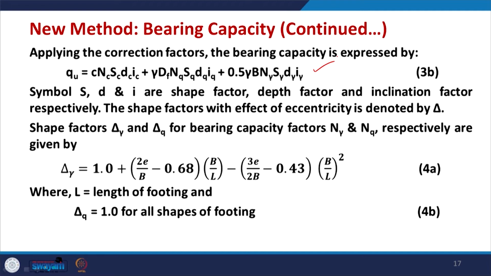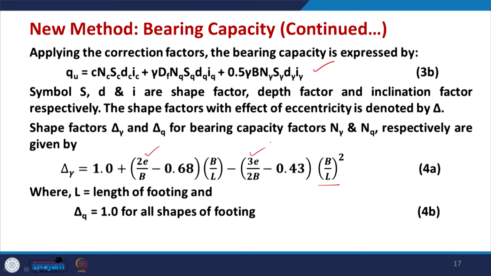Normally S represents the shape factor, but these researchers, Prakash and Saran, have proposed to use delta instead of shape factor, and they have given the equation for delta gamma using equation 4a, where you could see that this shape factor is not only a function of B by L, that is the aspect ratio of the foundation, width divided by length, but it also depends on the value of E by B. So, when you change the value of E by B, delta gamma will change, and if E by B equals 0, then this equation will give you the effect of B by L only, that means the effect of shape only without eccentricity.